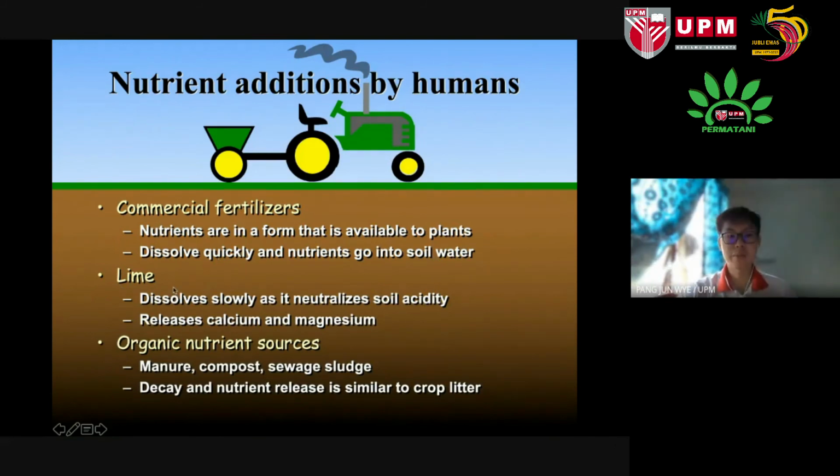Okay, the next is lime. Lime can release calcium and magnesium, and it dissolves slowly as it neutralizes soil acidity. The pH value for lime is in an acidic range, and that is why lime dissolves slowly, because when lime is at an acidic level, it will damage plant growth.